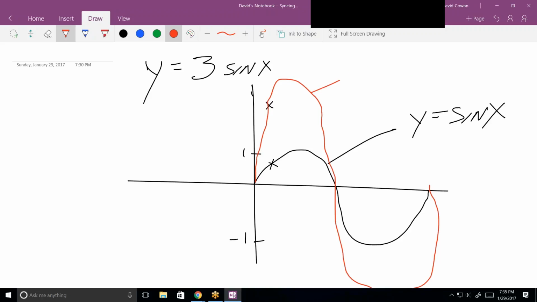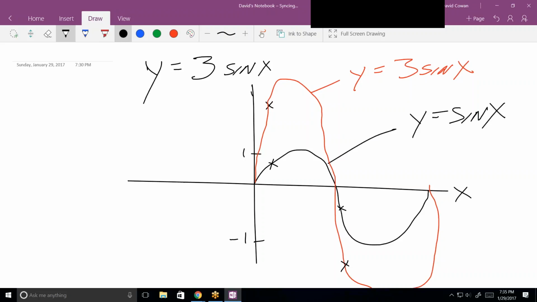That is y equals 3 sine x. And every point on the red curve is 3 times further away from the x-axis than the black curve. Okay, including on the negative side. In other words, if I look at that point right there, notice where the red is. 3 times further away from the x-axis.